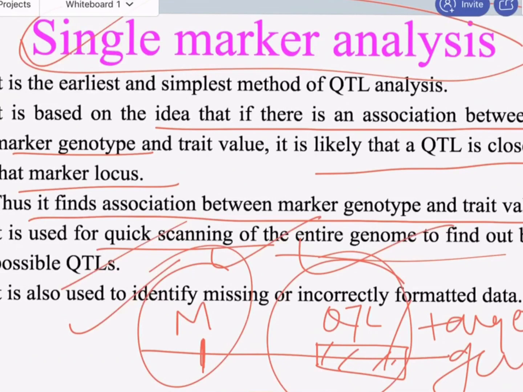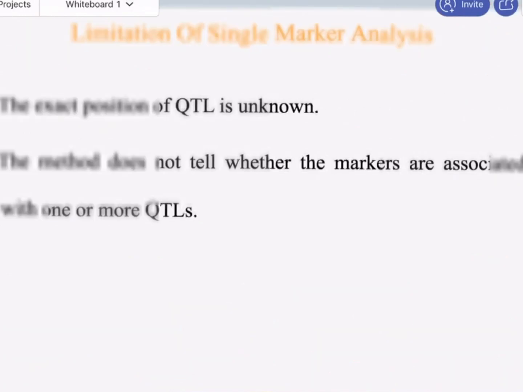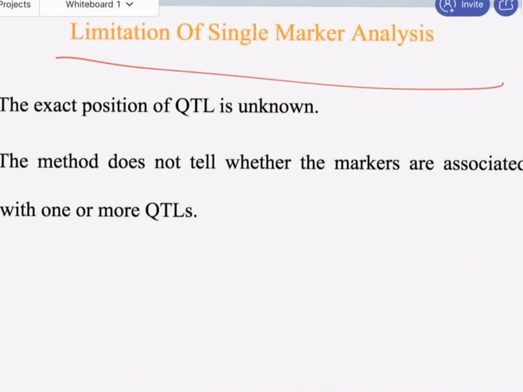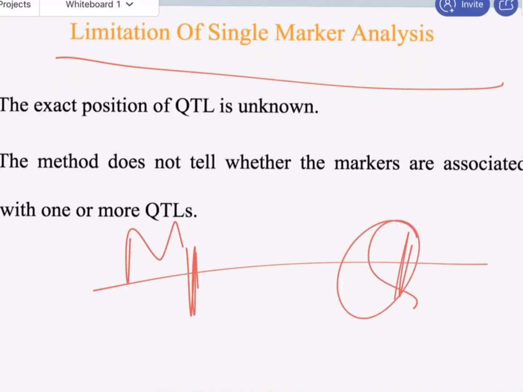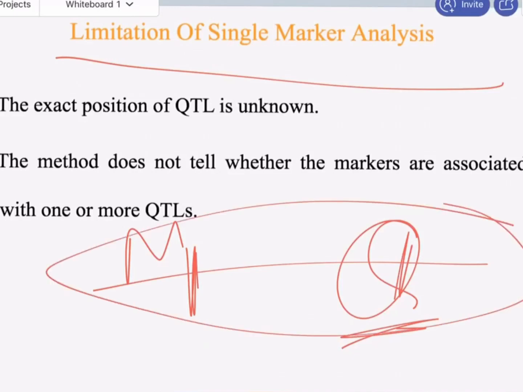This is the simplest and earliest method of QTL analysis. In this analysis, only a single marker is used, and hence it is also known as single point analysis. Since only one marker is used, it is very difficult to know the exact position of the QTL in the entire genome.